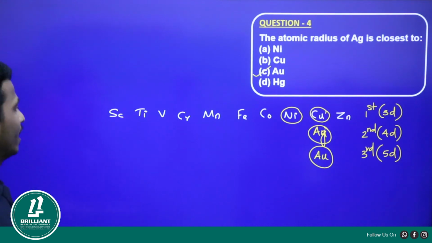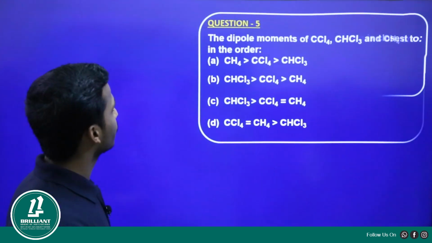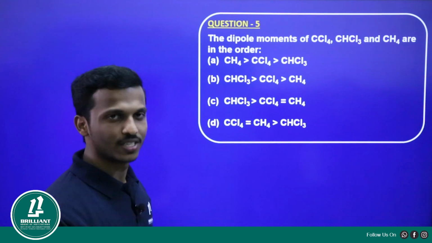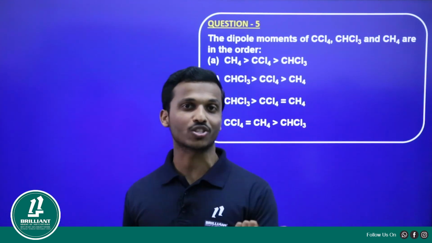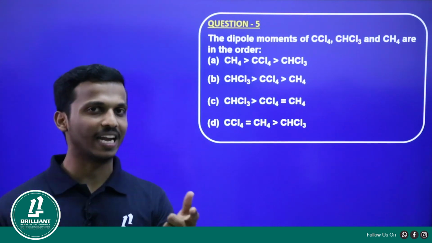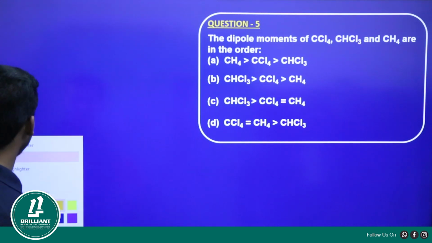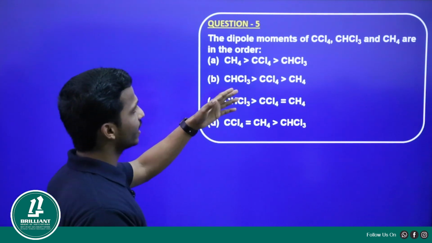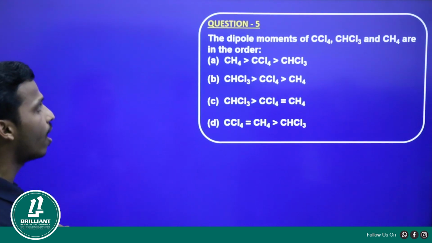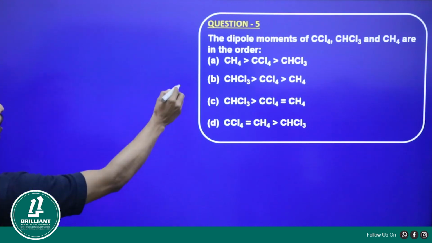Okay, fine. Let's go to question number 5. The dipole moments. Students, dipole moment we studied in the chemical bonding and molecular structure chapter, from your grade 11, right? So the dipole moment of the species carbon tetrachloride, CHCl3 chloroform and methane are in the order. Very simple.